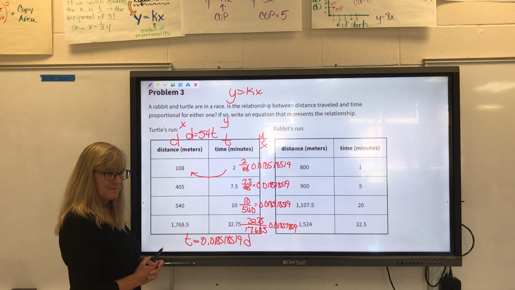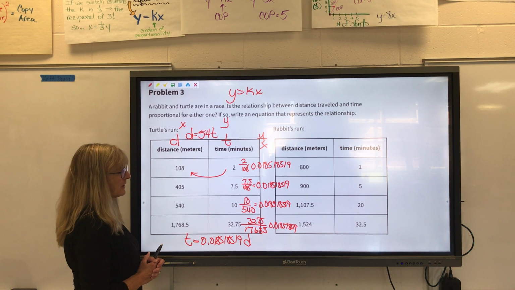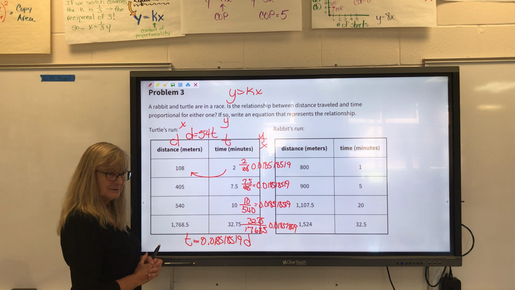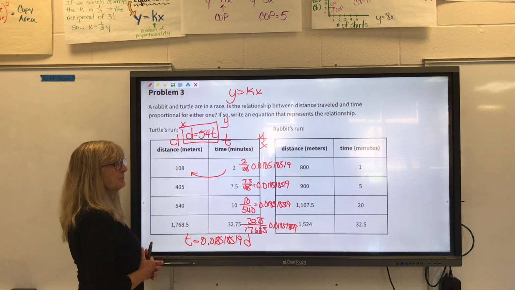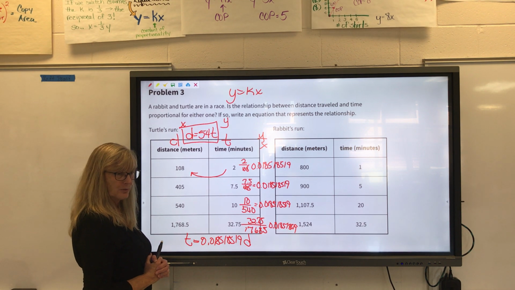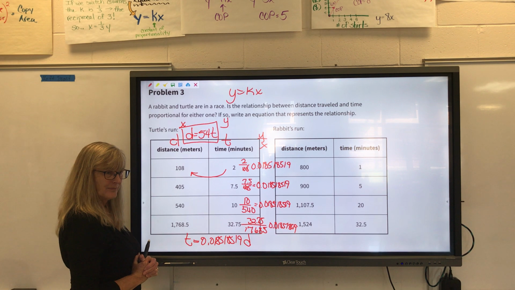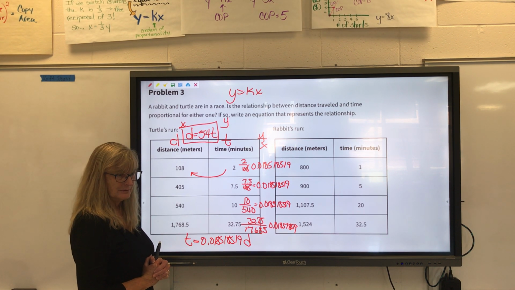Miss Blair, when I divide that and I get that decimal, there's no 9 in it. Okay, your calculator doesn't go that far. That's fine. So, which one would be the equation? This is the one I want you to put in there because I wanted you to start with D. Okay? Do you see where the D one came from though?